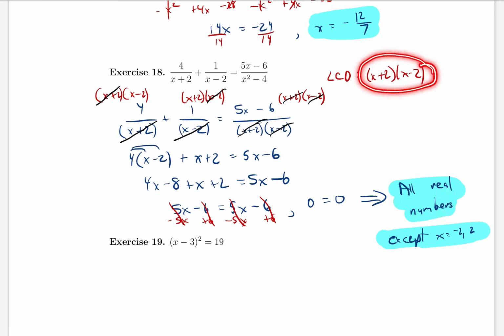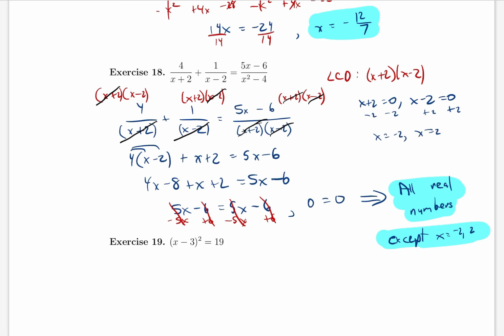You can also look at the LCD and set those equal to 0. That will also tell you which values are excluded from the solution set. So as you can see, you still get the same result here, negative 2 and positive 2. So you can always look at your LCD to see which values would be excluded from the solution set.